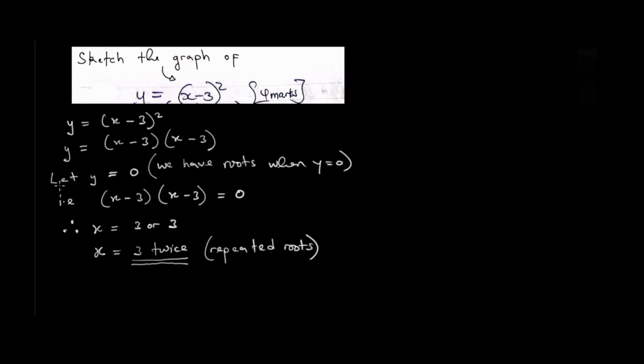So this part is very important. Let y be equal to 0, because using this assumption we get our roots, x is equal to 3 twice. We have our roots, what else do we want to do?